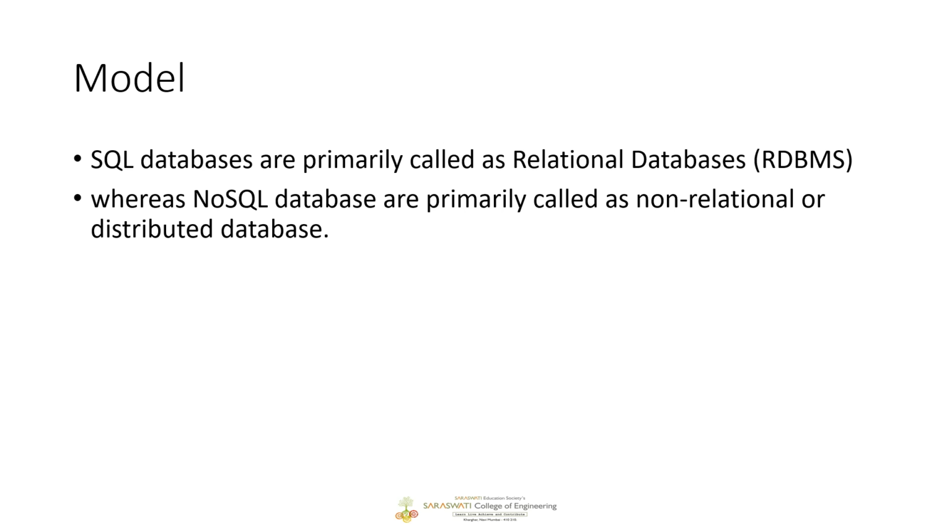Now what do we mean by a relational database? A database which follows a fixed, strict format is a relational database. A database which follows domain constraints is a relational database. What do we mean by that? Let's say I have a table which has three columns: name, ID, and address.